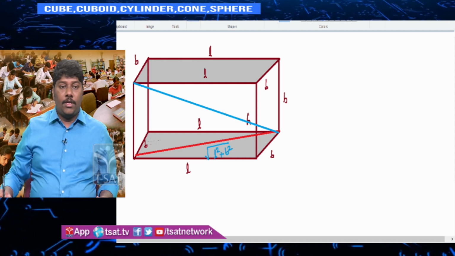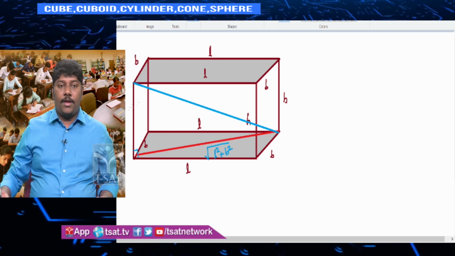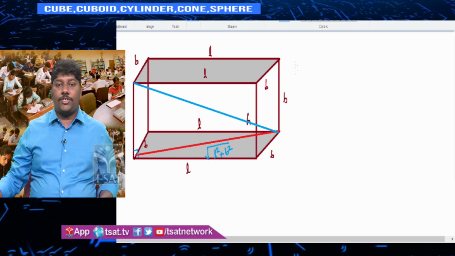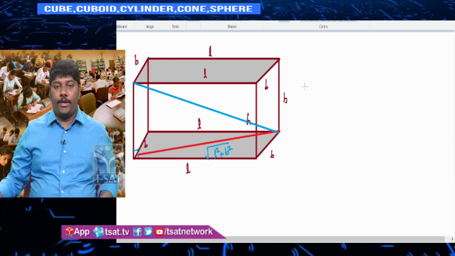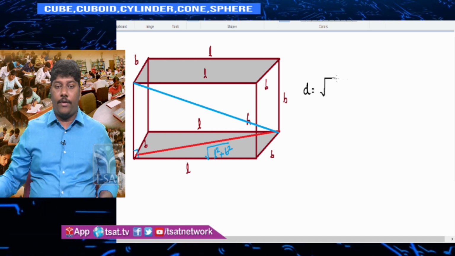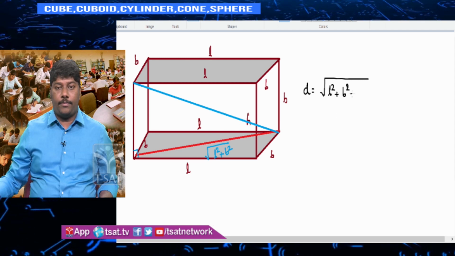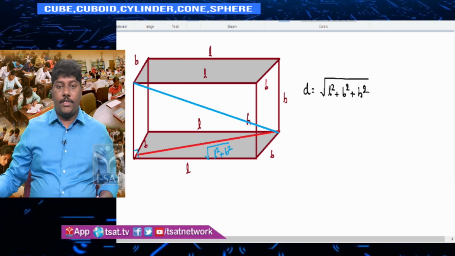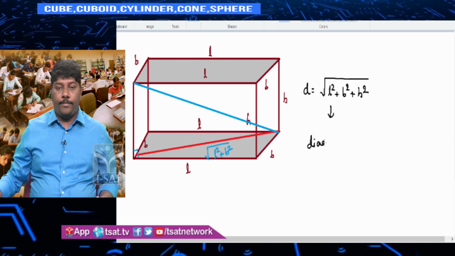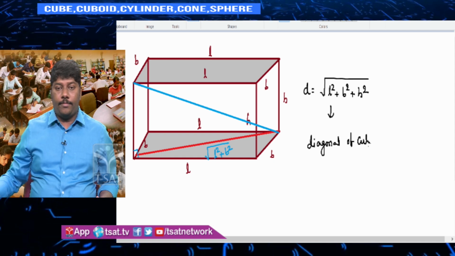If you apply Pythagoras rule to H and this diagonal, then you will get the largest possible distance inside a cuboid, that is the diagonal of the cuboid, equal to under root of L square plus B square plus H square. So, this is the largest possible distance inside a cuboid. It is the diagonal of the cuboid.